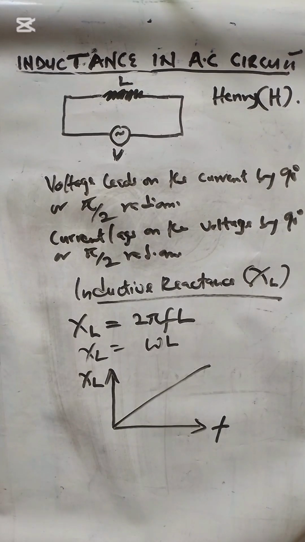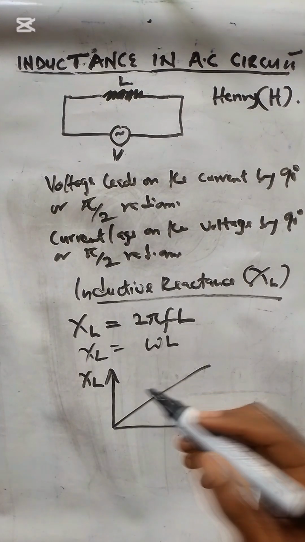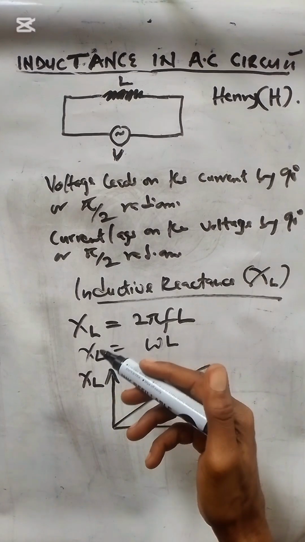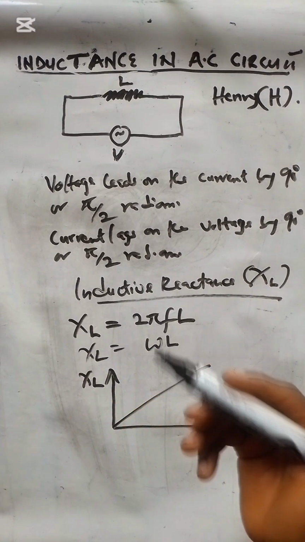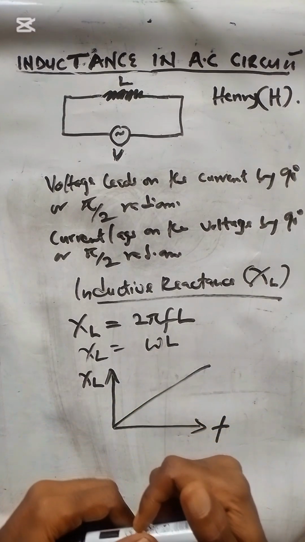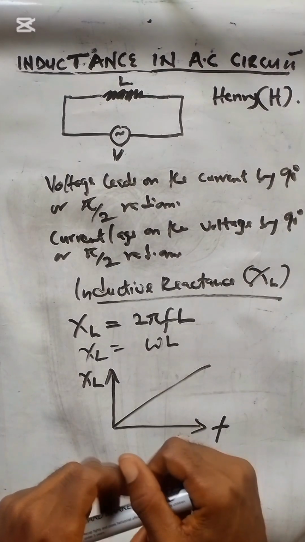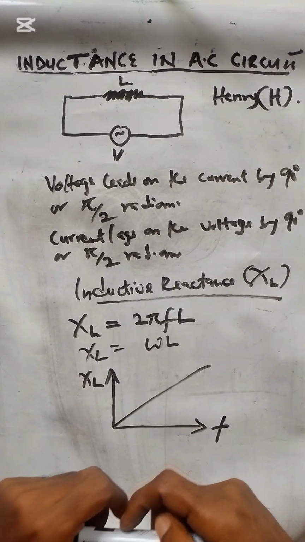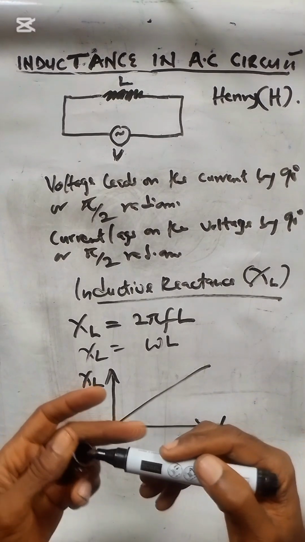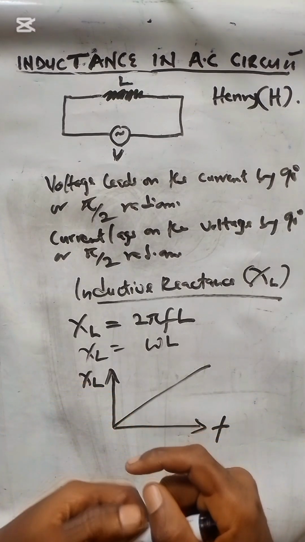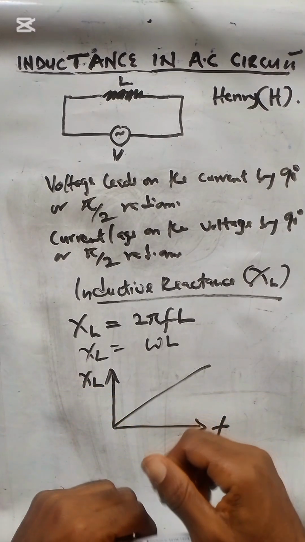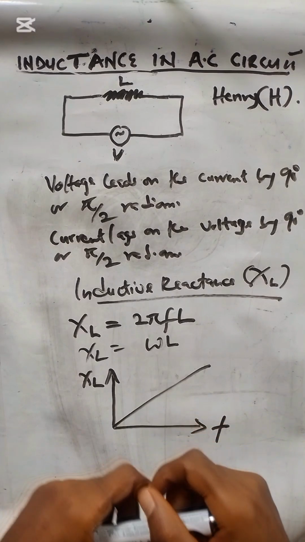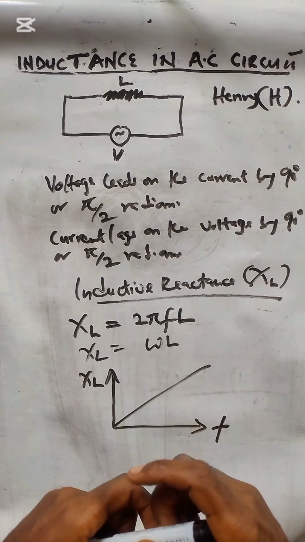As the frequency increases, the inductive reactance in the circuit also increases. So high frequency signals will yield less current in the circuit, while low frequency AC signals will pass more current. Take note of that.